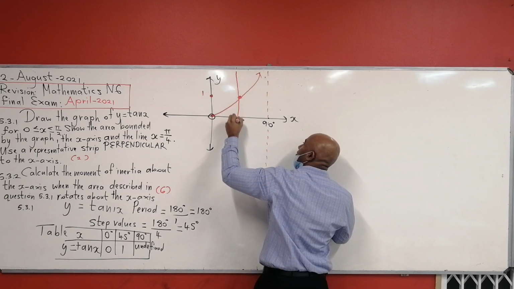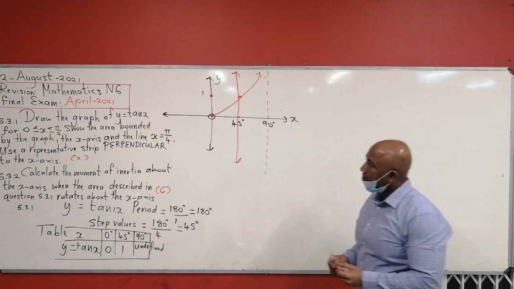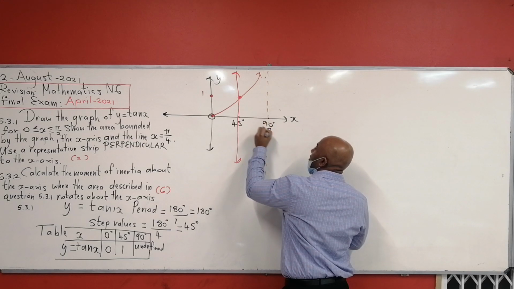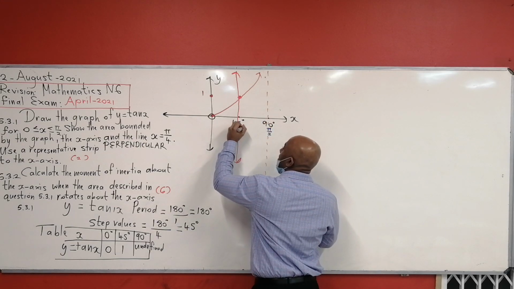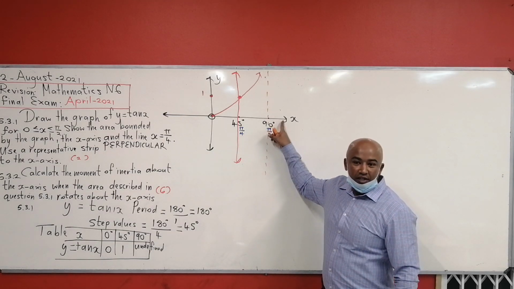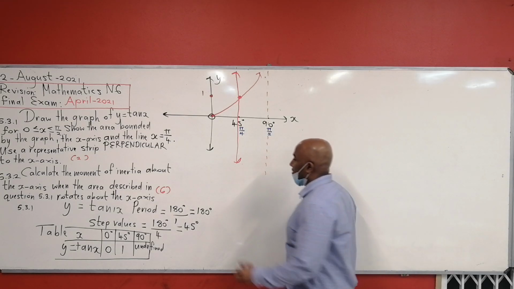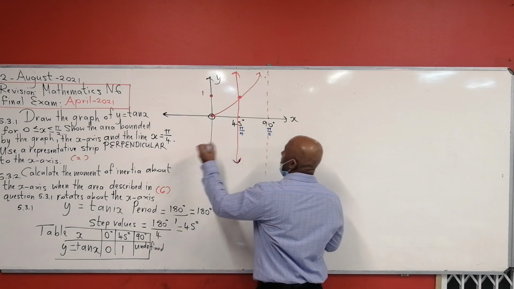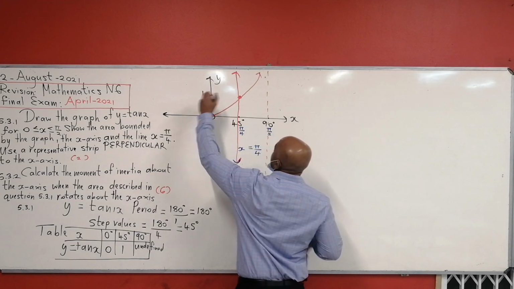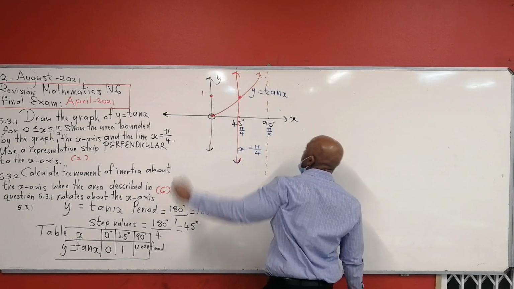So that is your 45 degrees. In radians, this is pi over 2 and this is pi over 4. So there it is in degrees, and there it is in terms of pi and radians. Label your graph. So this is x is equal to pi over 4 and this is y is equal to tan x.